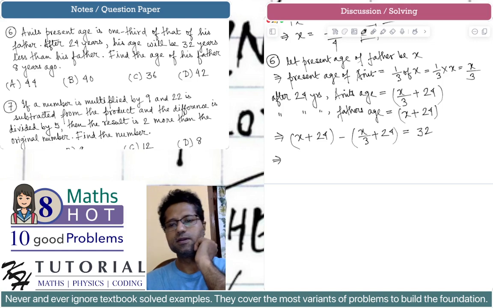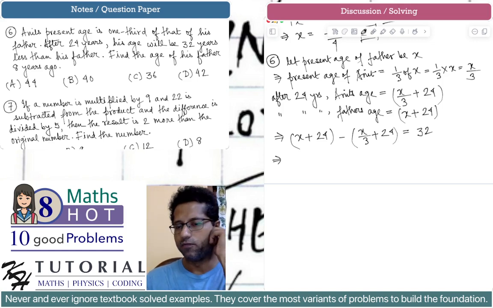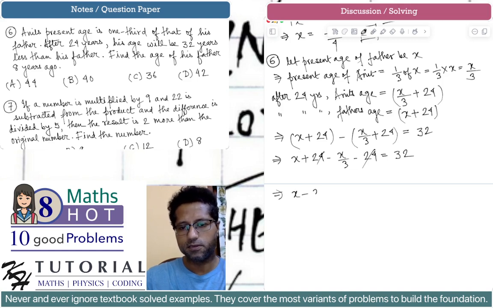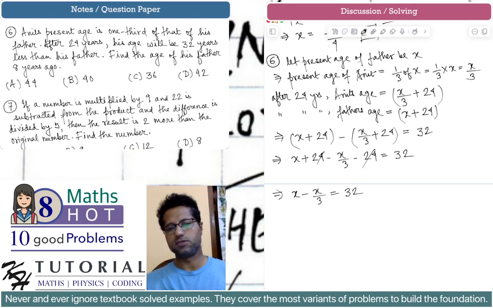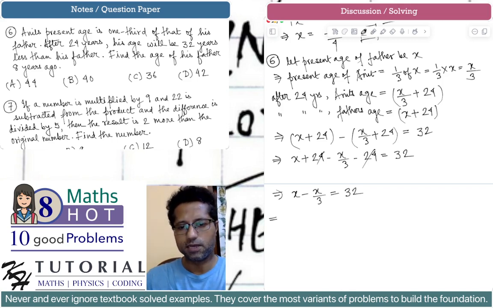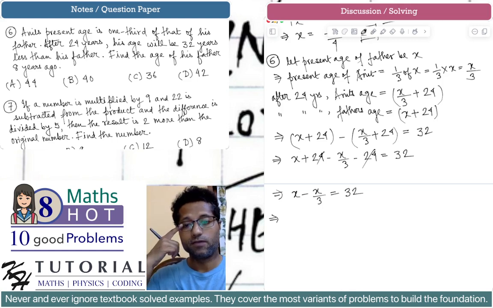Like you can clearly see on the LHS 24 will get cancelled out, because if I open up the brackets, I get x plus 24 minus x by 3 minus 24 is equal to 32. So on the left hand side, minus 24 cancels out and I get x minus x by 3 is equal to 32.